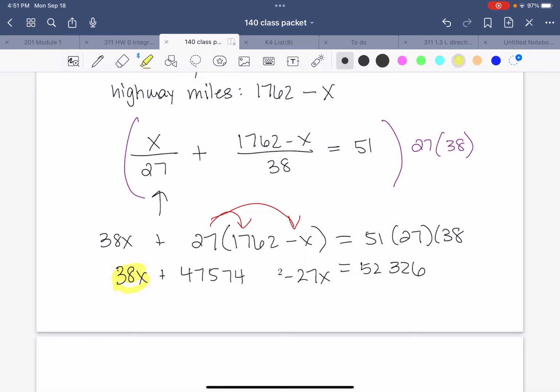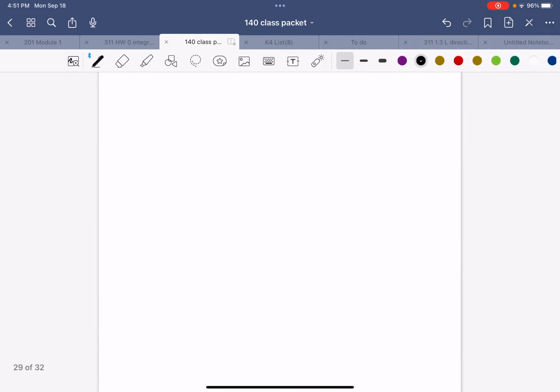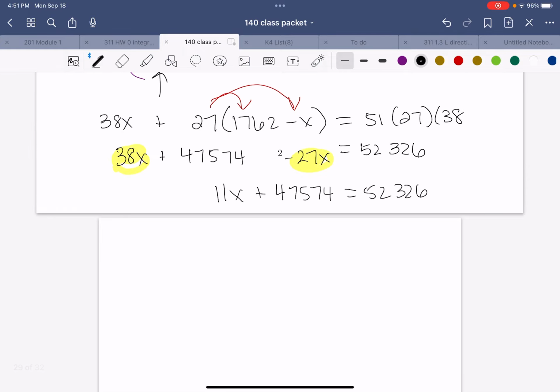Then I can take my two like terms and combine those. That's going to give me 11x plus the 47,574 equals the 52,326. Now I'm running out of room, so I'm going to add a page. There we go. Now let's subtract off the 47,574.